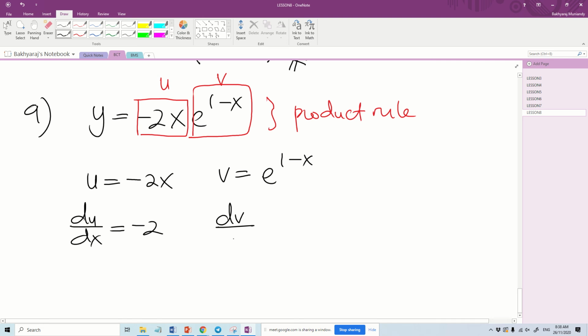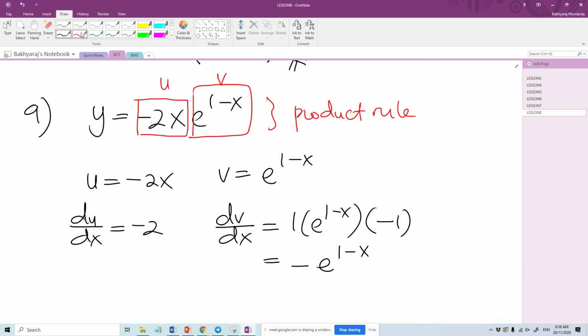And dv/dx will be equal to 1 times exponent 1 minus x times negative 1, which gives negative exponent 1 minus x. Then we can go for the answer.